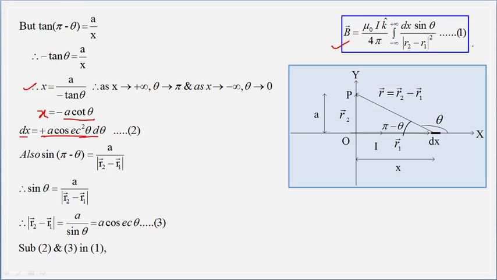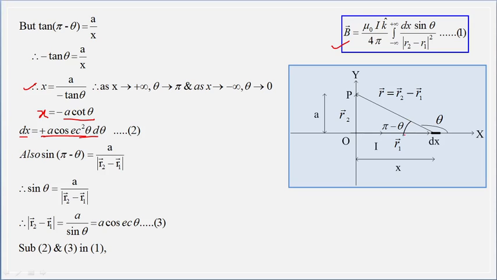Next we want to write modulus of r2 minus r1 in terms of theta. In order to do that, again in the same triangle, take sine of pi minus theta.